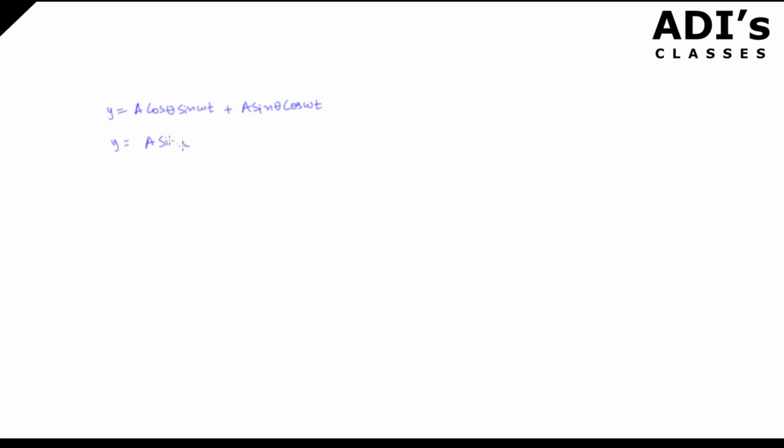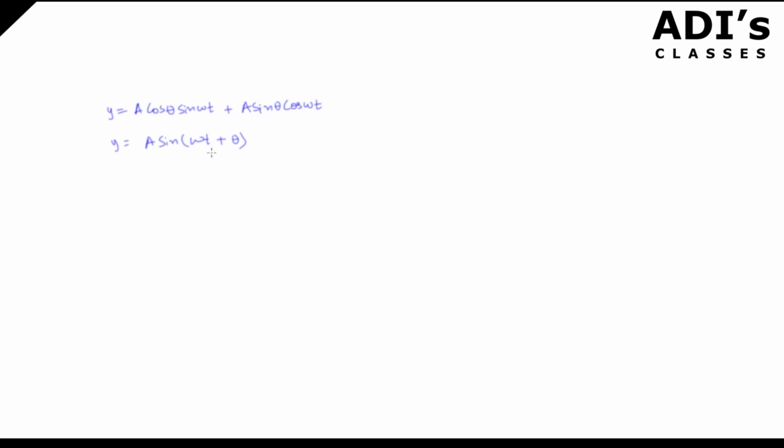Now what we are doing is, we are assuming certain things. What we are assuming here is, we'll call A1 plus A2 cos phi as A cos theta, and A2 sin phi as A sin theta. Now when you do this, A1 plus A2 cos phi becomes A cos theta.